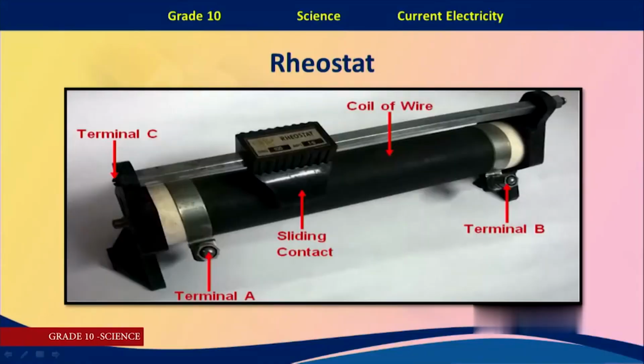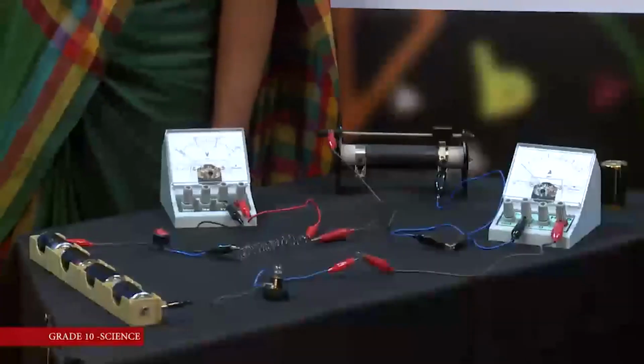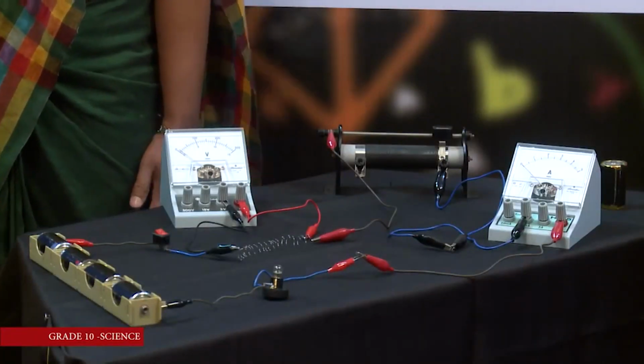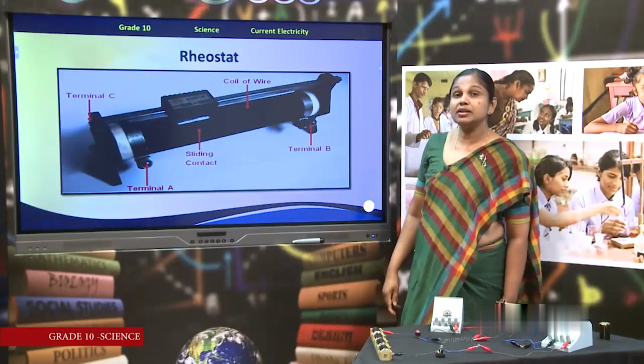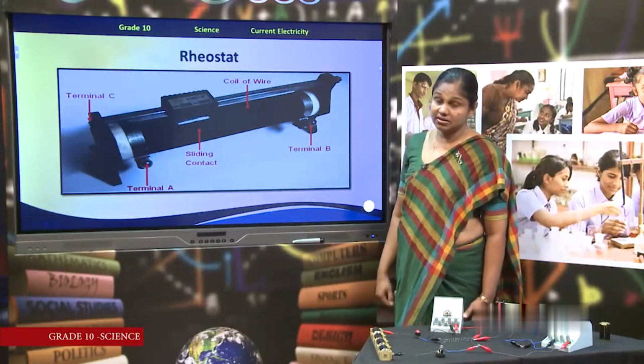Let me explain this. Here it has three terminals, terminal A, terminal B and terminal C, and a large coil of nichrome wire. There are a number of turns here, and a sliding contact. This can be moved along this bar in each direction. By moving this sliding contact, we can control the resistance here.